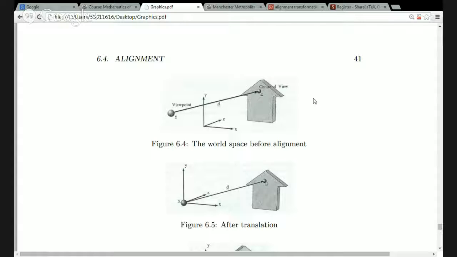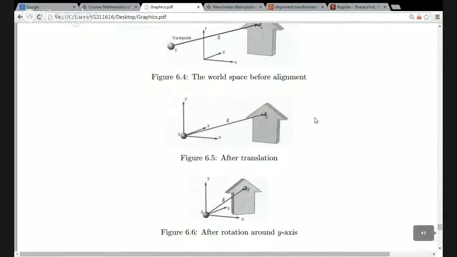So to get our viewpoint down to the origin, we slide everything so that V goes to the origin, a translation by vector minus V. You'll then be in this position where the viewpoint is now the origin, and this vector is exactly the vector D we talked about, the vector C minus V. This is the vector going from the origin to the center of view. So the center of view has now become the point D, the point with position vector D.